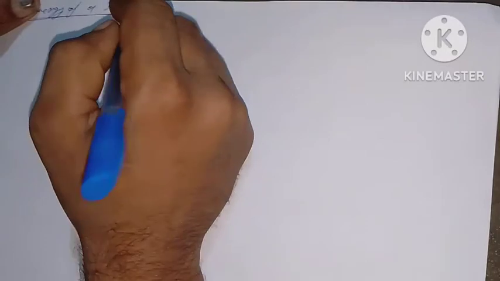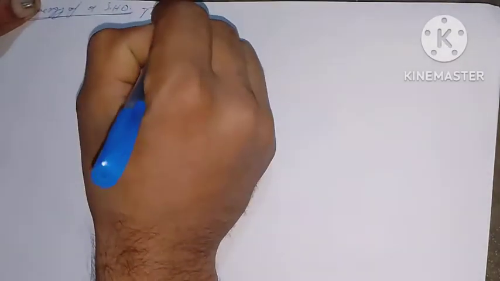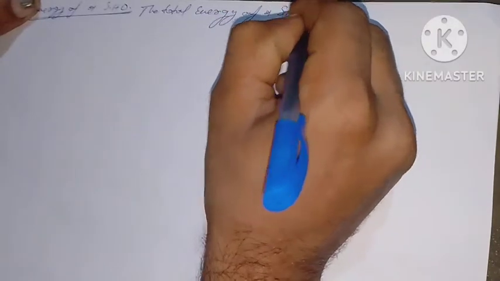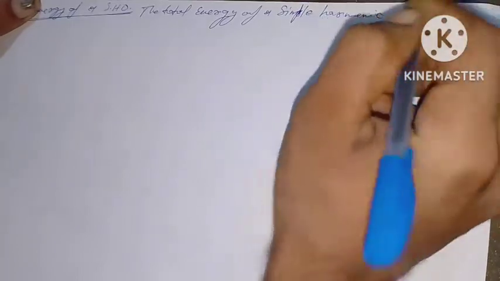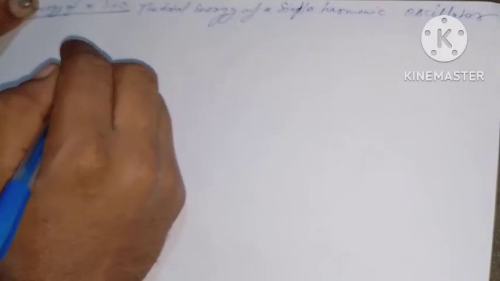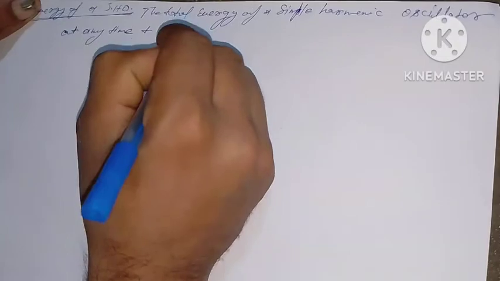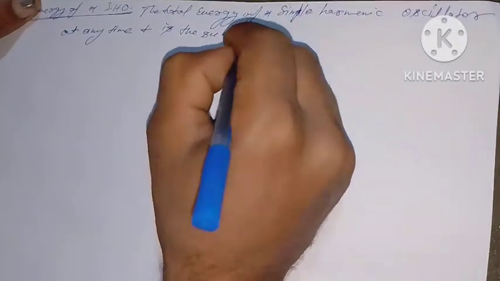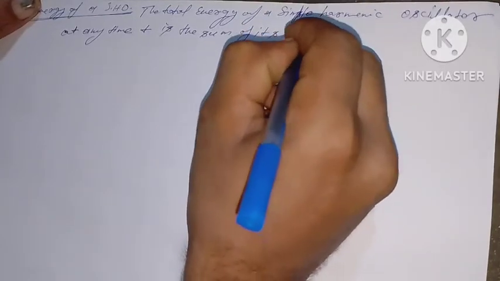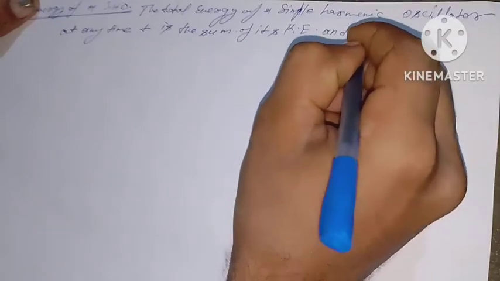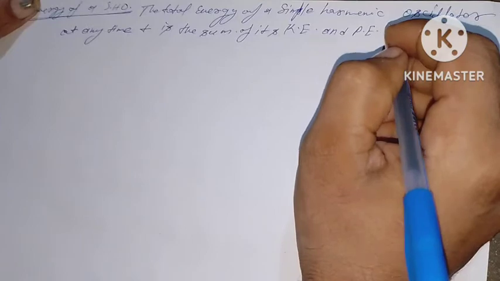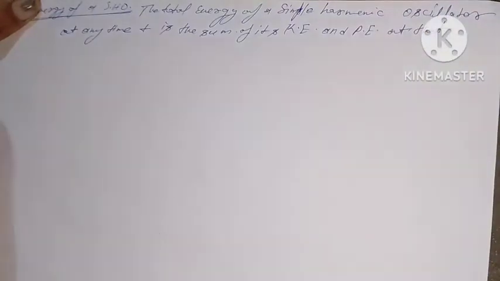Okay, the total energy of a simple harmonic oscillator at any time t is the sum of its kinetic energy and potential energy at that instant of time.